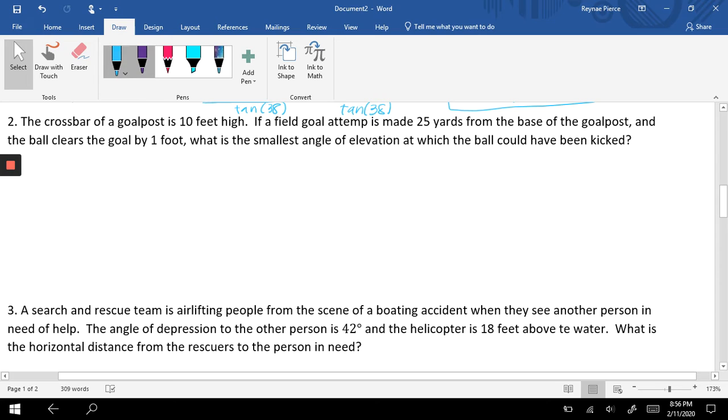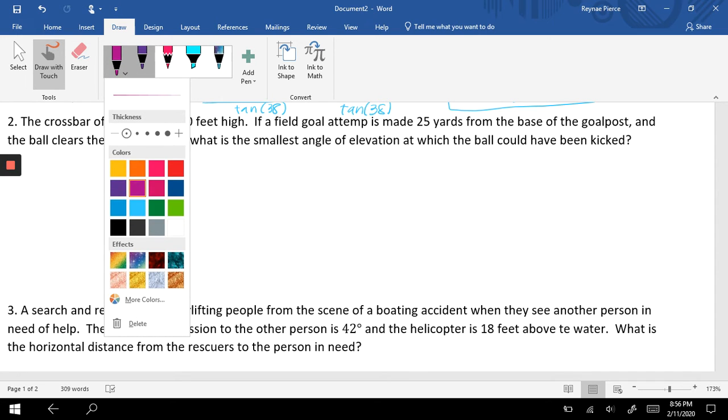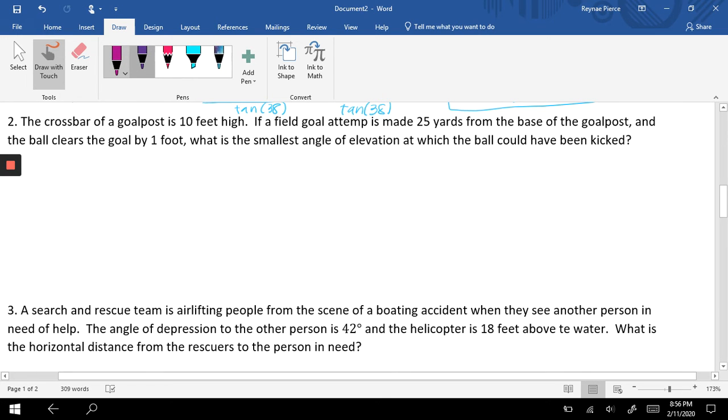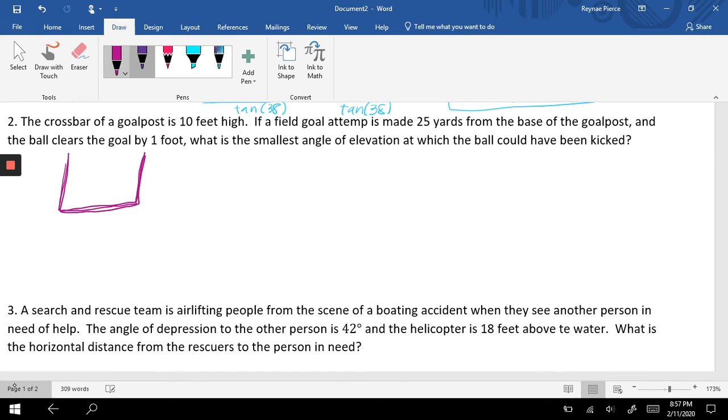All right. Example number 2 says the crossbar of a goalpost is 10 feet high. Okay, so here picture the field goal bars. Okay, that bottom we know is 10 feet high.